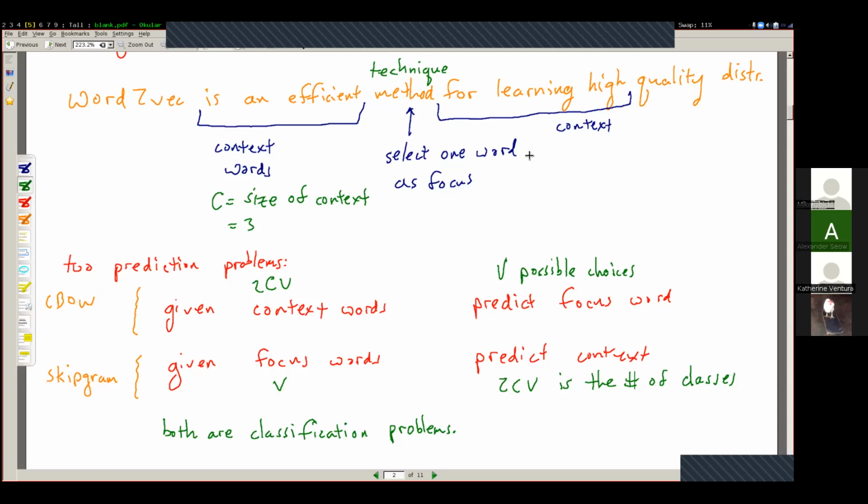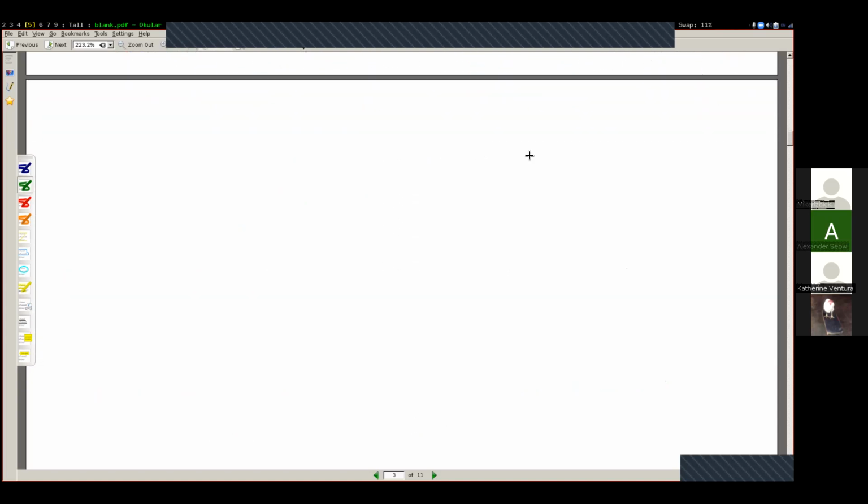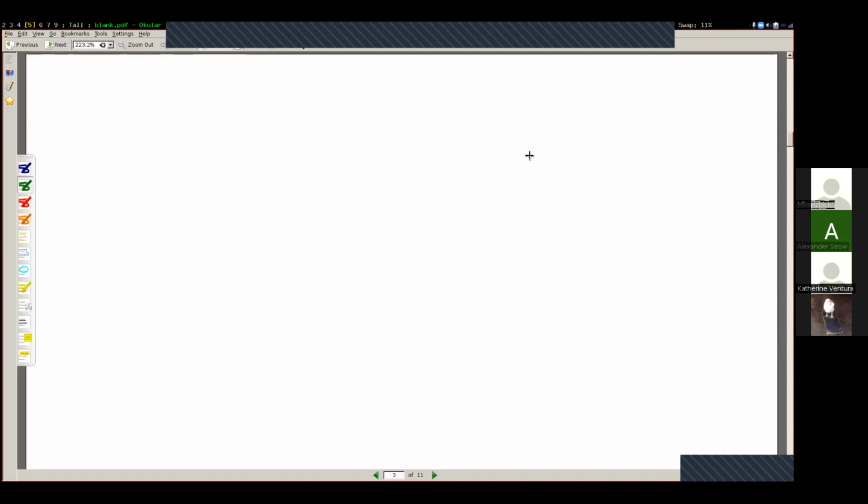Okay, so how does this connect to the project, and to what you're going to need to know on the final? Well, we'll need to be able to think about the statistical efficiency of our word2vec problem.